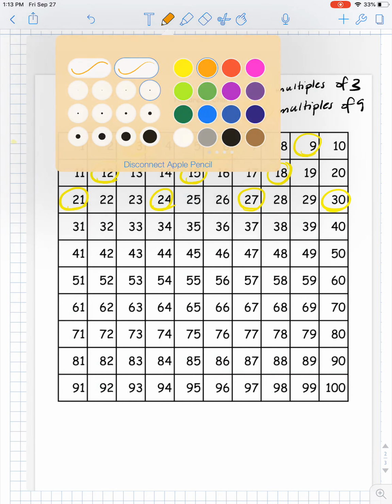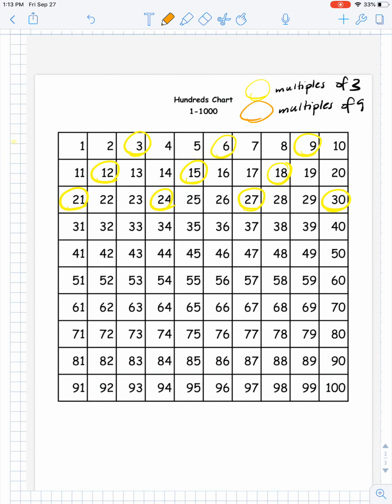I'm going to go to orange now and circle the first 10 multiples of 9. I'm going to go 9 times 2 is 18, times 3 is 27, 36, 45, 54, 63, 72, 81, and 90. Okay, so now we can see we've listed all the multiples of 3 and all the multiples of 9.